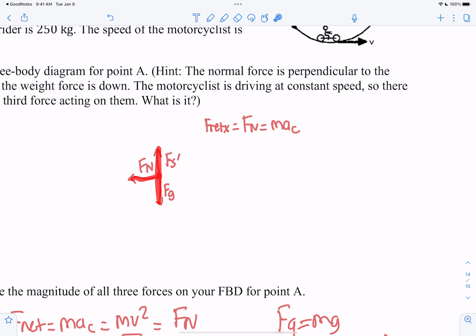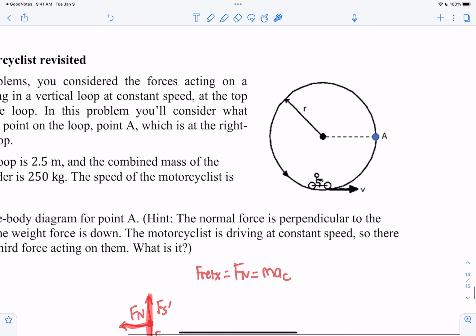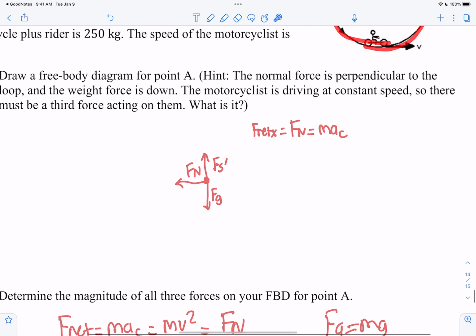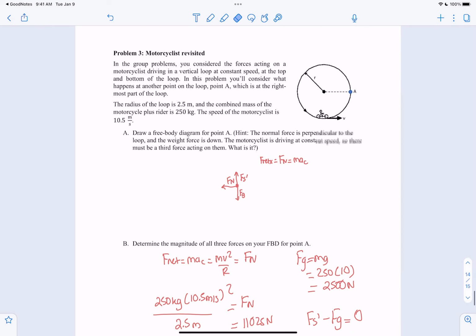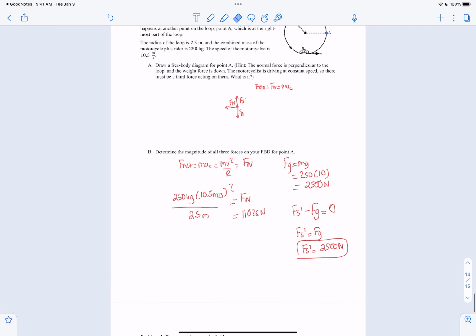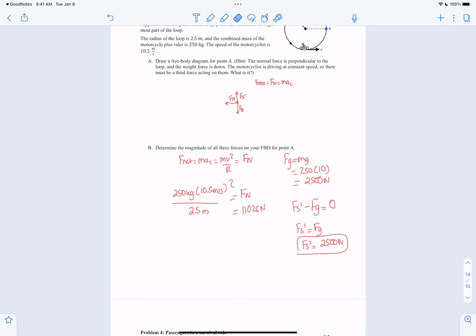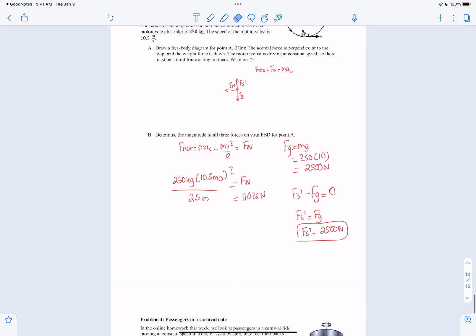Then the only thing that is going to play a constant factor in allowing me to traverse that circular path is the normal force, which is pointing towards the center of the circle: centripetal acceleration, centripetal force. But yeah, makes sense for problem 3? Okay.